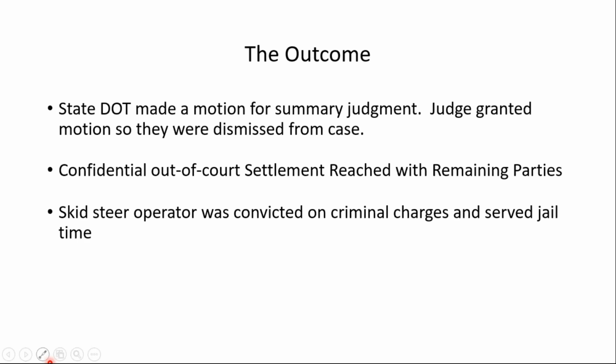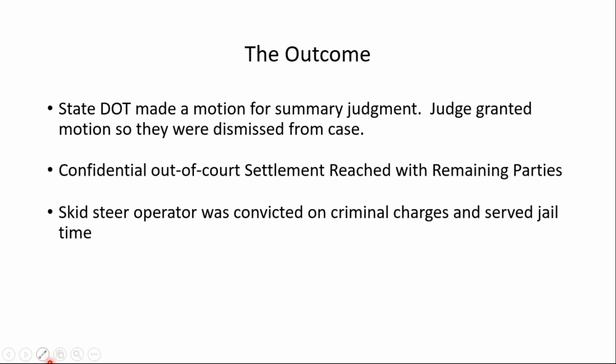So he actually went to the district attorney in this county, and they filed criminal charges against the skid steer operator. He was convicted on those and served, I think, 3 or 4 months in jail.